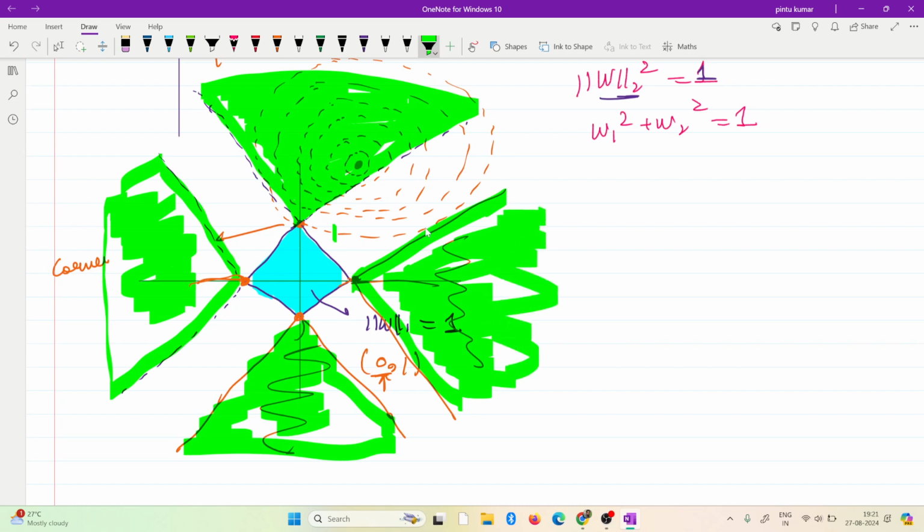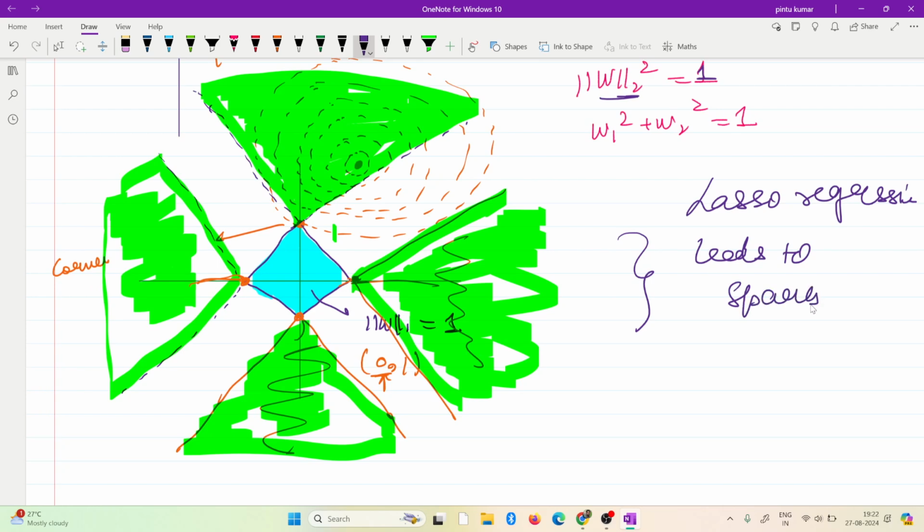And you see that this portion that we have left out is very small, and this portion is much larger as compared to whatever strips we have left out. So that's why people say that lasso regression leads to sparse weights.